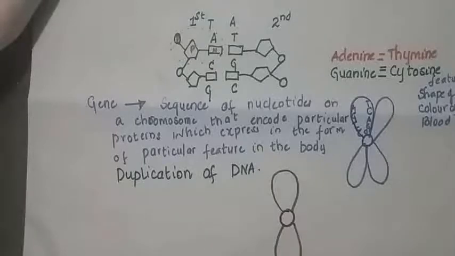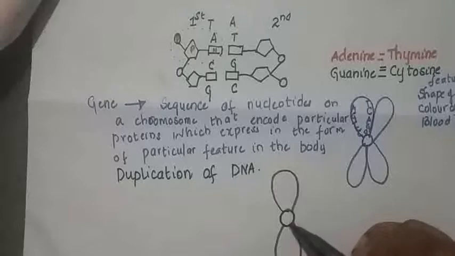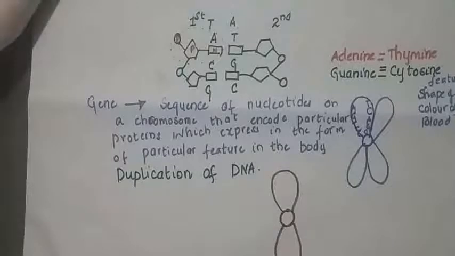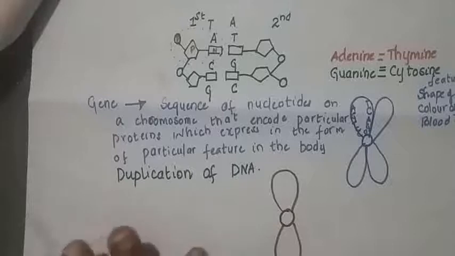So in this chromosome there is a centromere, and to this centromere you have 2 chromatids attached. But these chromatids undergo a duplication, which is required for the equal distribution of chromosomes in the newly formed cells after cell division. So there is a duplication of DNA occurring. There is a replication of DNA which is occurring. Okay, let us quickly learn about the duplication of DNA.